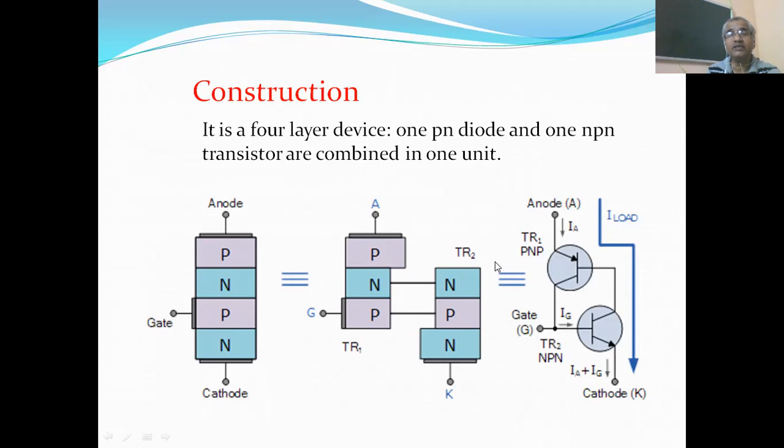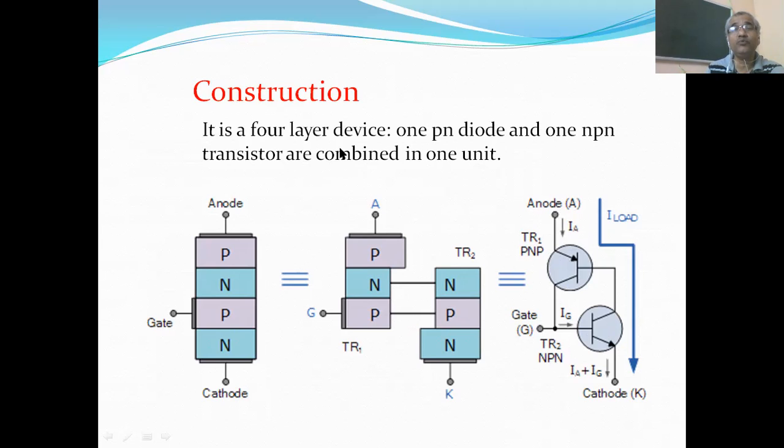This circuit is again shown here like this. This is the PNP transistor, and therefore this anode is the emitter. The base of this is the collector of this NPN transistor, and the base of the NPN transistor is the collector of the PNP transistor, and the terminal taken out there is called the gate.